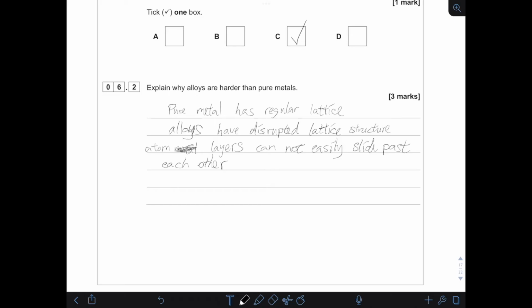And alloys are made of different elements, and different elements have different atomic sizes, so they pack differently.